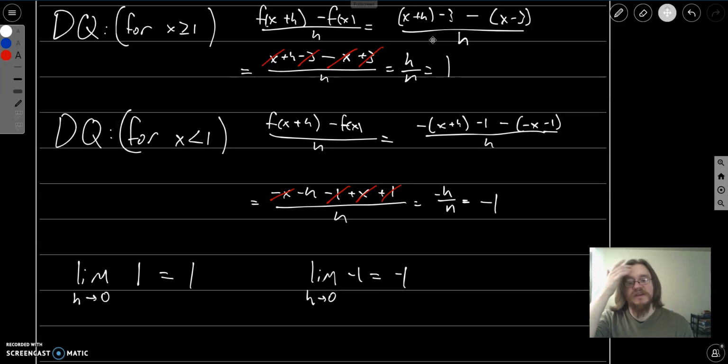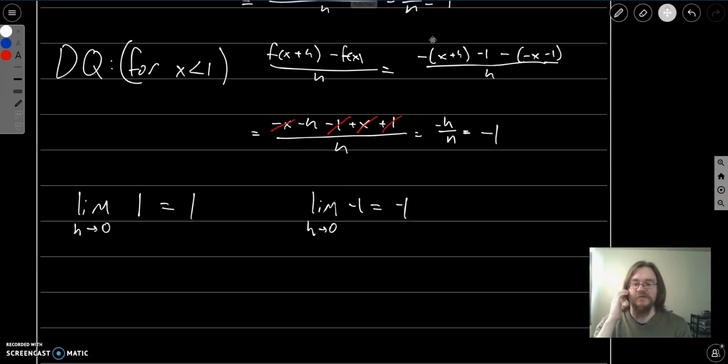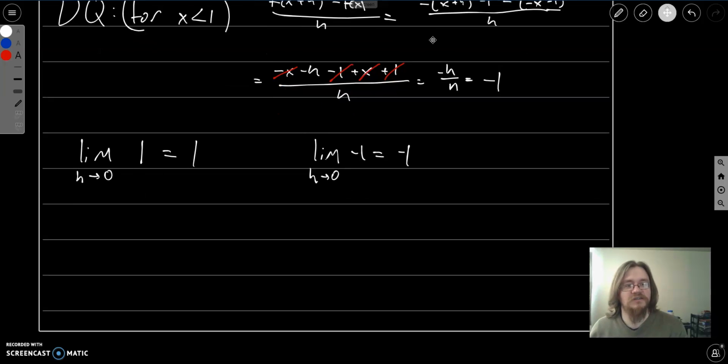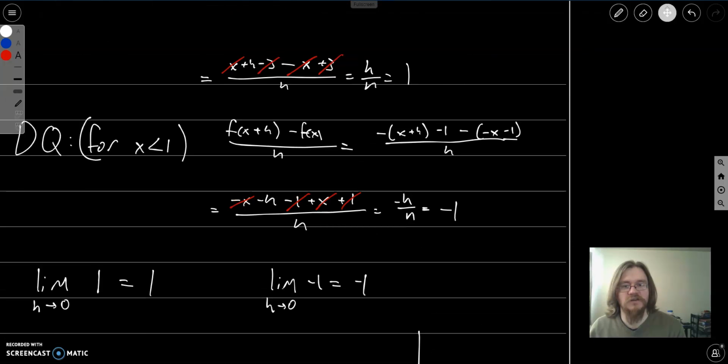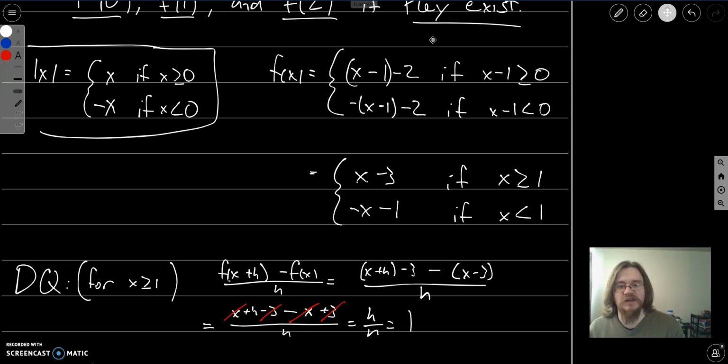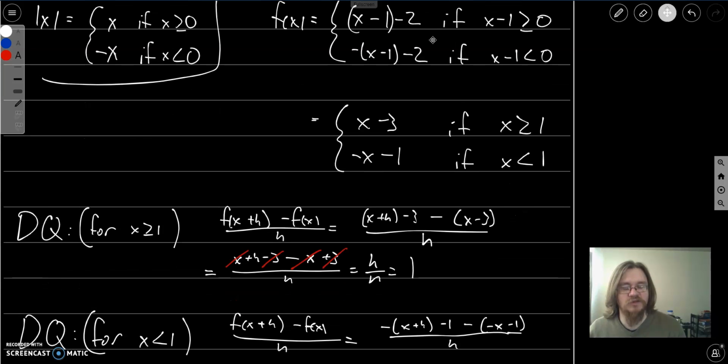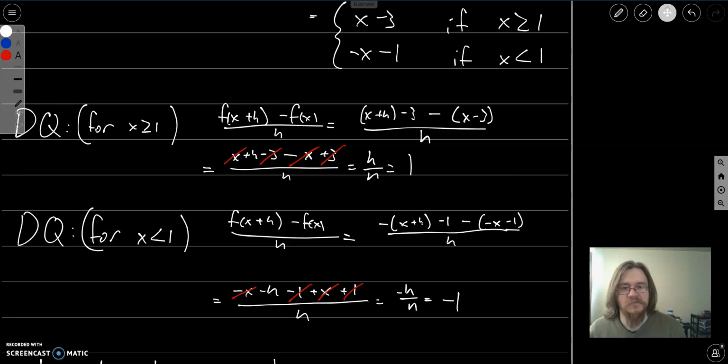Now we have to be a little bit careful here for the following reason. If I draw my function, what's going to happen? I've got x minus 3 for x greater than or equal to 1, and I've got negative x minus 1 for x less than 1.